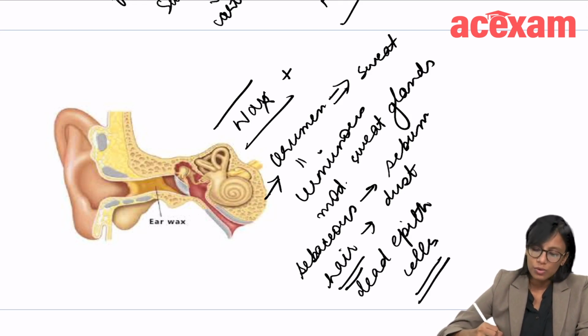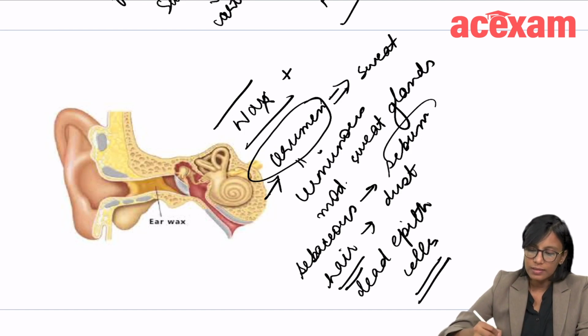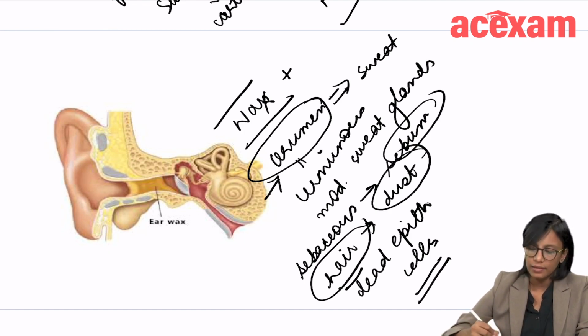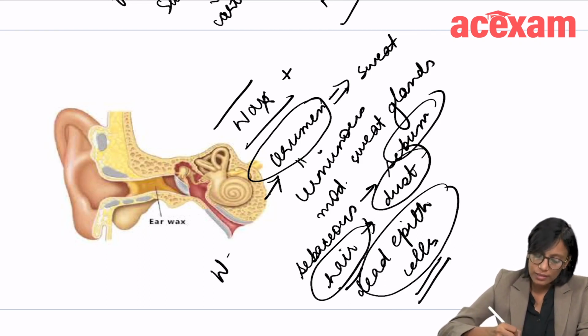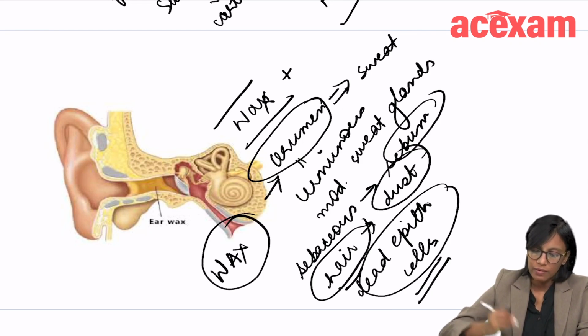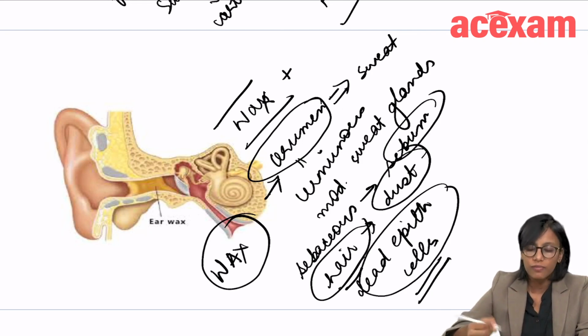So the mixture of the cerumen, the sebum, the broken hair, the dust and the dead epithelial cells, the mixture of all these five things, that is known as wax. Wax is not cerumen. Wax is a mixture of all these things.